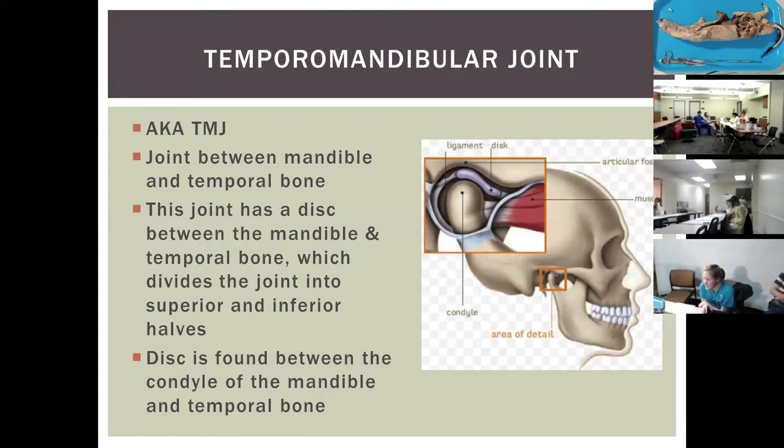In case you forgot what superior and inferior means, superior meaning upper, inferior meaning lower. So if you look at this picture, you can see this is a superior or upper half between the disc and the temporal bone, inferior half being the lower portion between the condyle of the mandible and the disc.